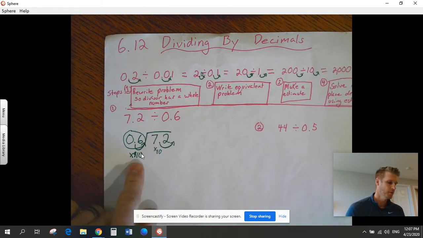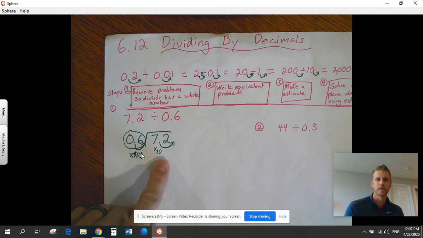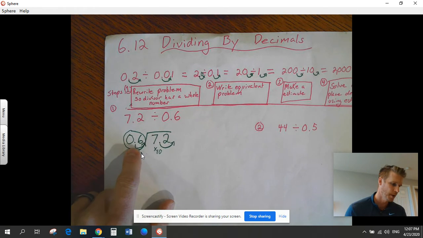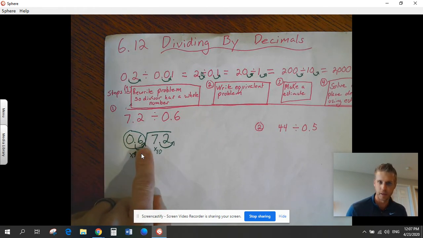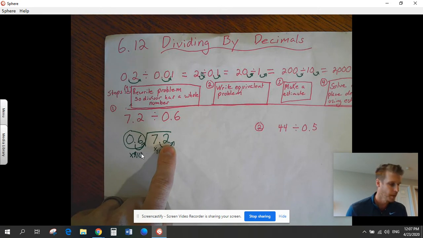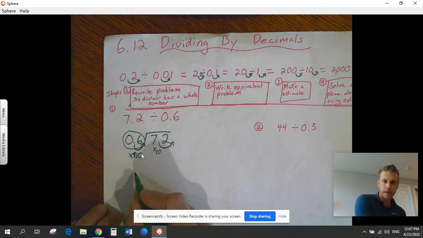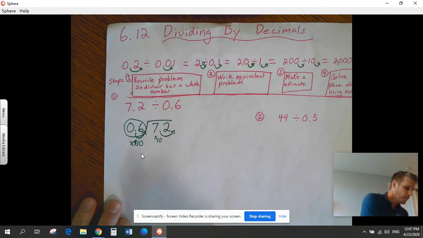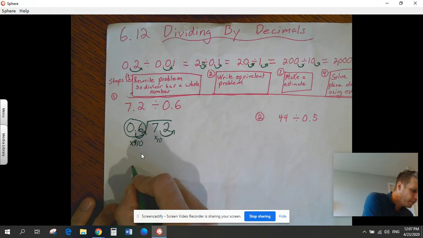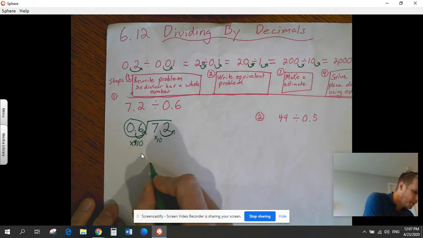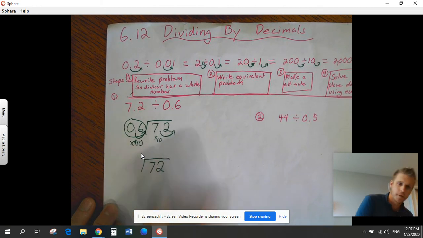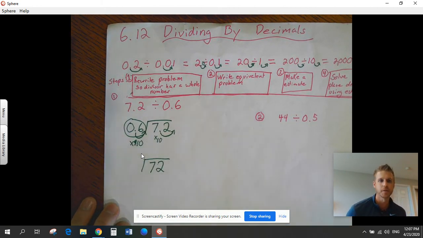You don't have to, when we do work later on, show that we're timesing this by 10 and show we're timesing this by 10. You might just show, hey, we moved the decimal one place here to make it a whole number. Therefore, I got to move this one place over here. So I'm going to rewrite this problem as an equivalent problem, okay? So I'm still going to have this in the house, but it's no longer 7.2, it's 72.